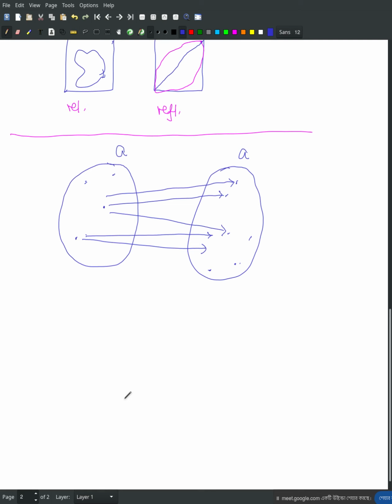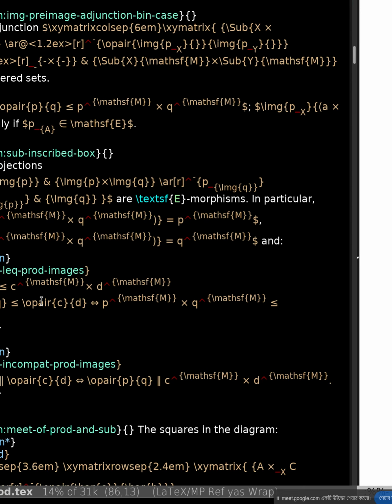what is well-foundedness? So, you take a non-empty subset. When do you say this relation is well-founded? Let me write it out first. So it says that whenever, so how did I write it?